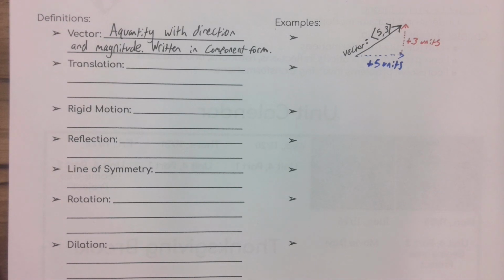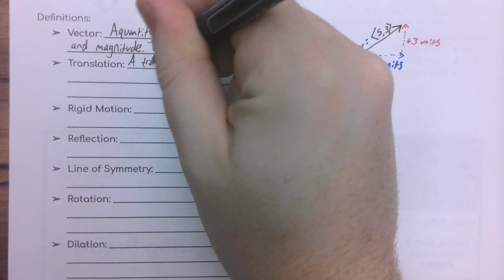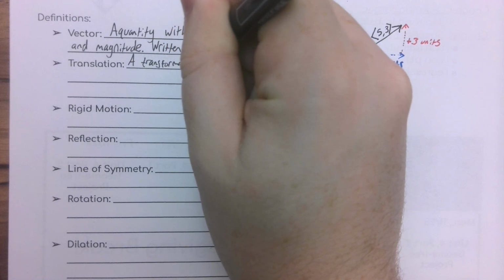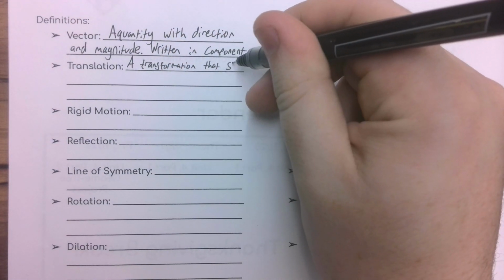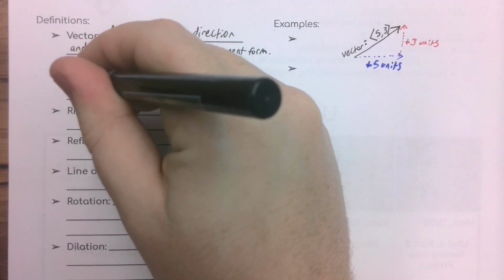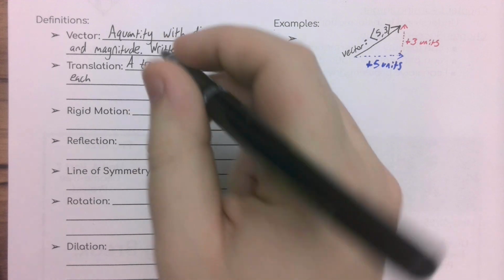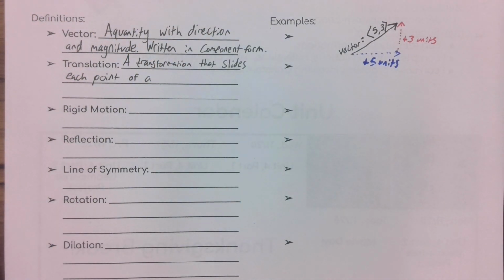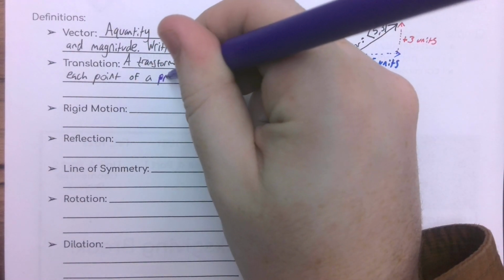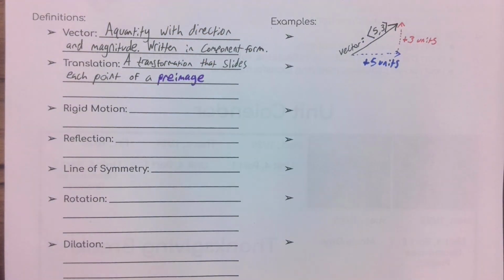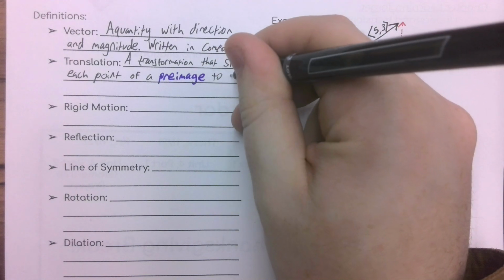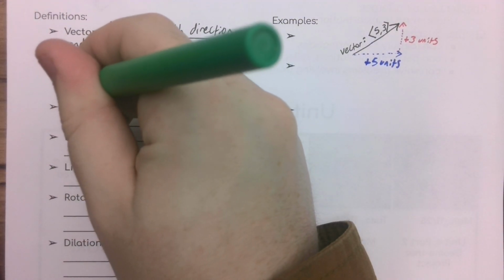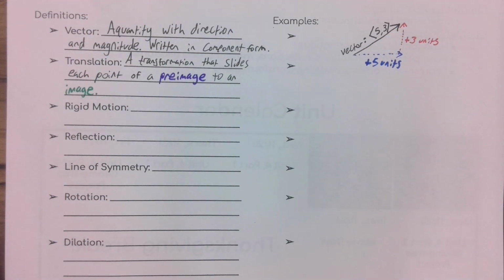A translation is a transformation that shifts or slides each point of what we call a pre-image to an image.